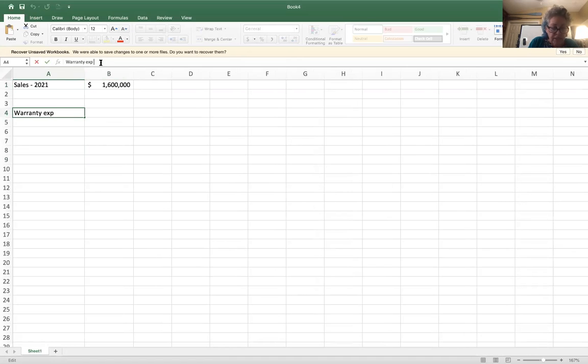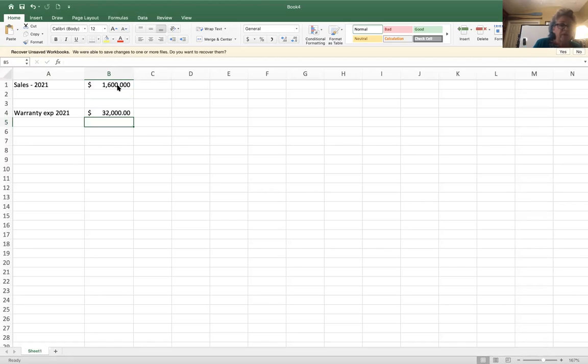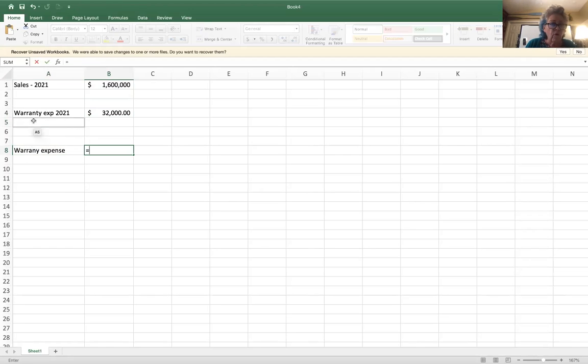So my warranty expense for 2021 will be equal to the sales times 2%. So they expect that their warranty expense for the year 2021 will be $32,000. So the company will do a journal entry where they debit warranty expense for the $32,000.